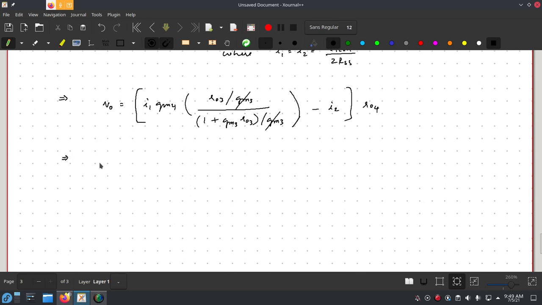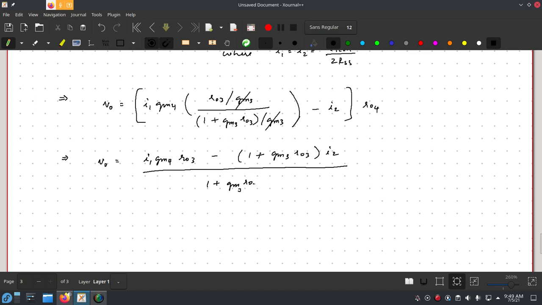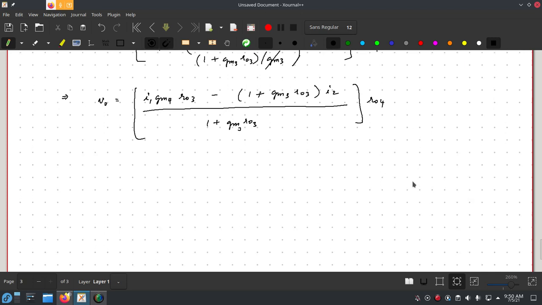From this again V naught is equal to I1 Gm4 R03 divided by 1 plus Gm3 R03, minus I2 divided by 1 plus Gm3 R03, whole into R04. I'm just solving this, that's all, nothing else. This derivation is not there in the textbook.